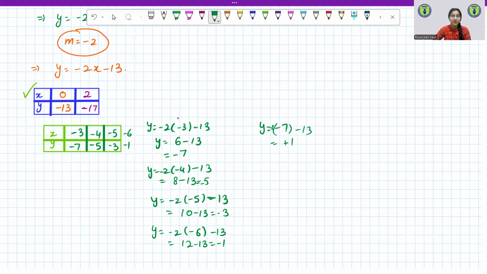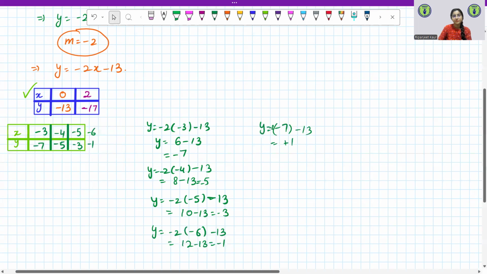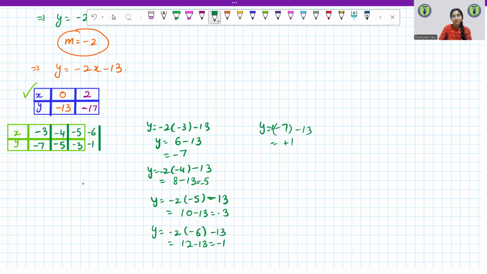Let me just shift it a little. After this, if we take negative 8 over here, what do you think?